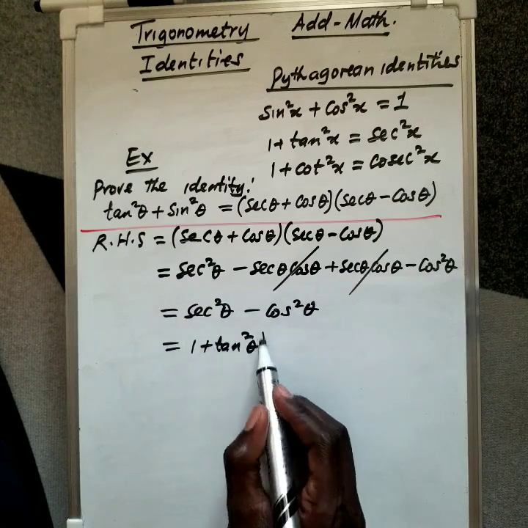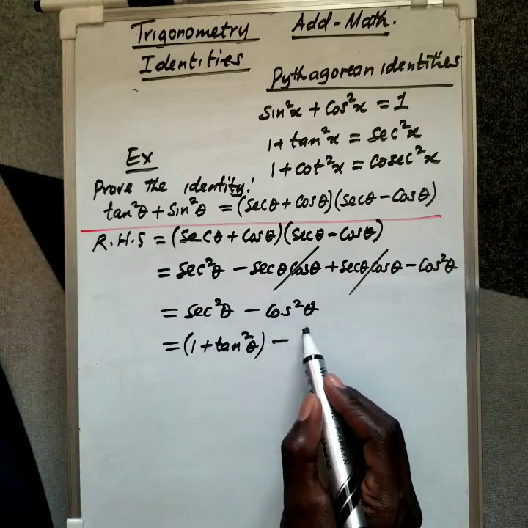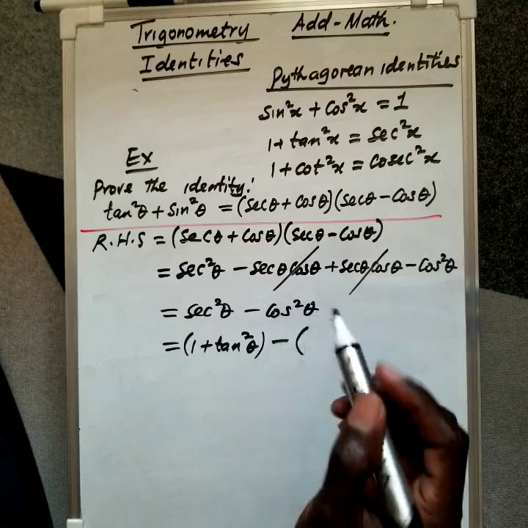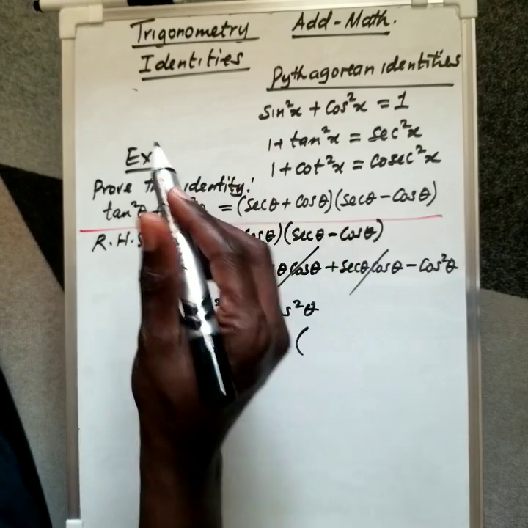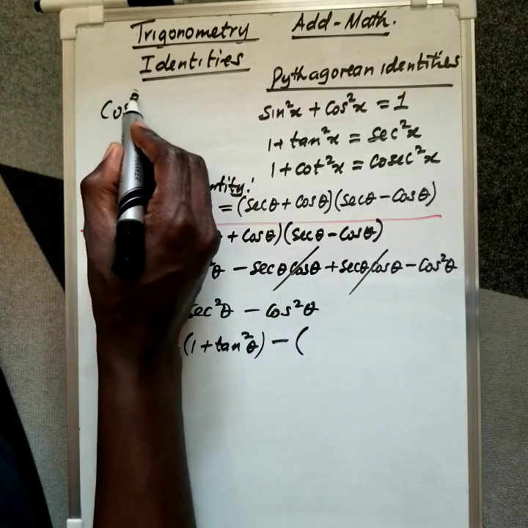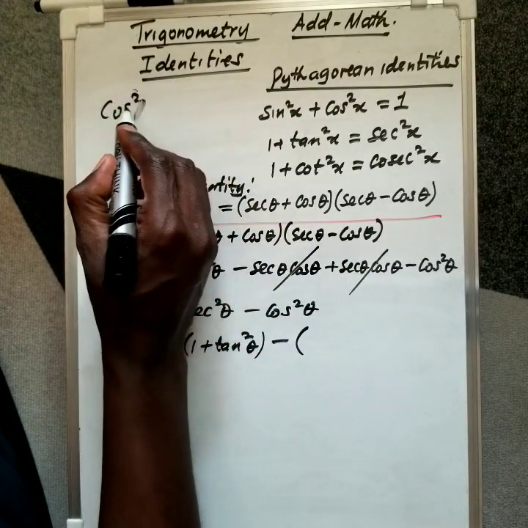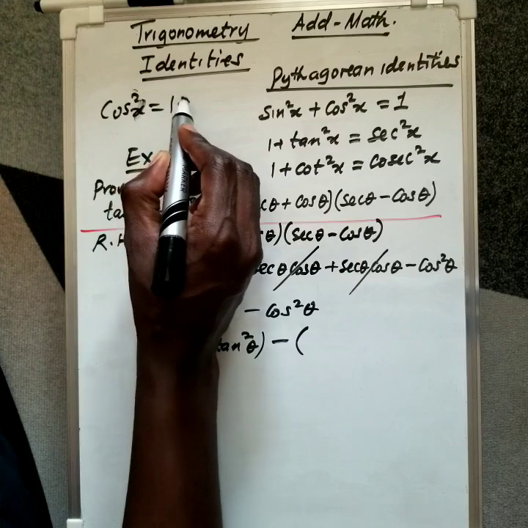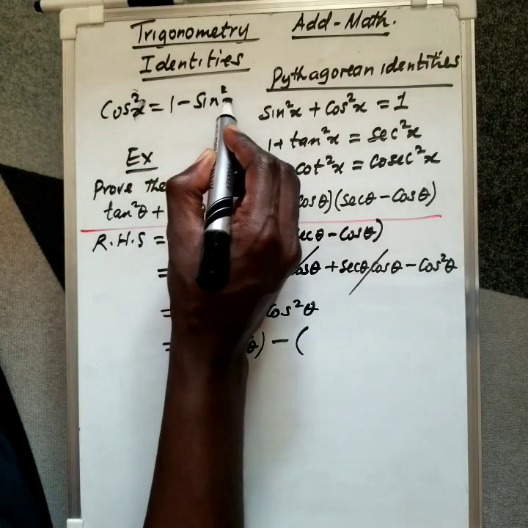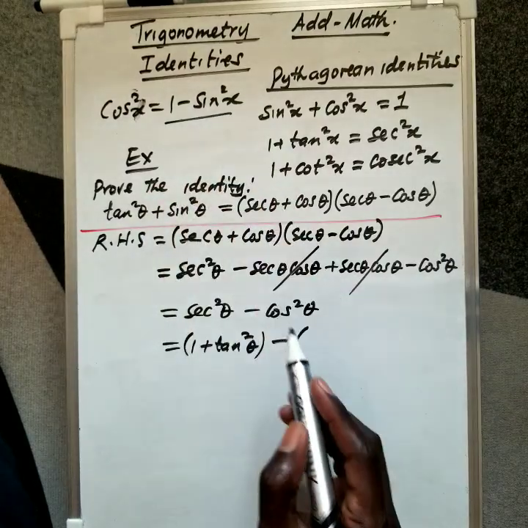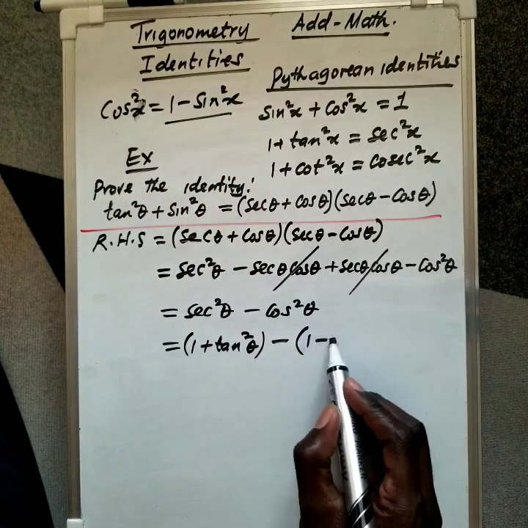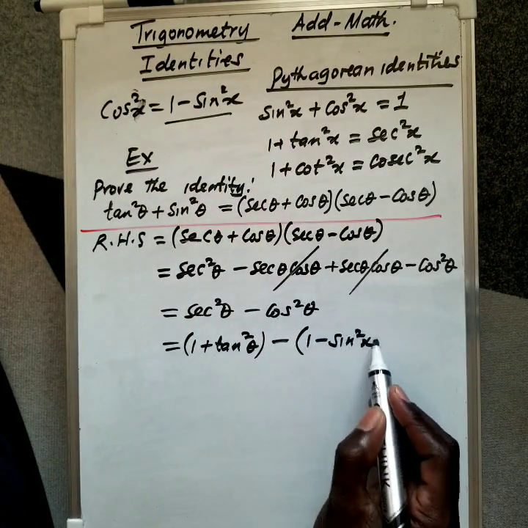Then minus, what about cos squared theta? If you look at cos squared theta, you can take this to the other side, meaning that cos squared theta will be equal to 1 minus sine squared theta. So where there's cos squared theta, we can replace it with 1 minus sine squared theta.